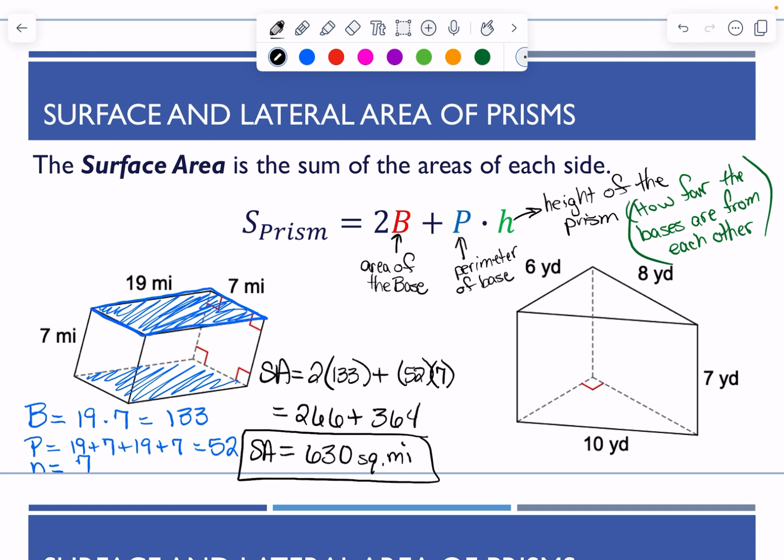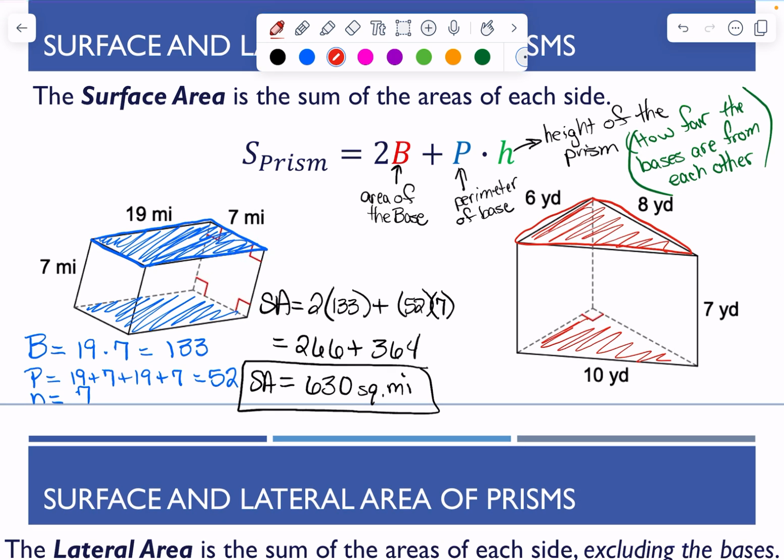All right, if we look here at the second one, I have a triangular prism. Here's one base, here's the other base. When I start in, I'm going to find the area of that base. Remember, the area of a triangle is 1/2 times the base and the height, and the base and the height have to be perpendicular.